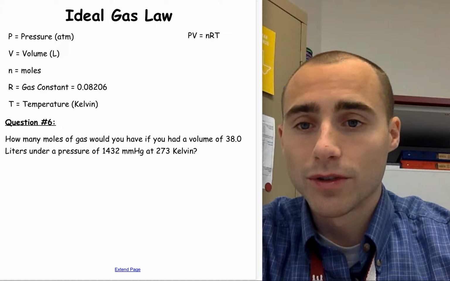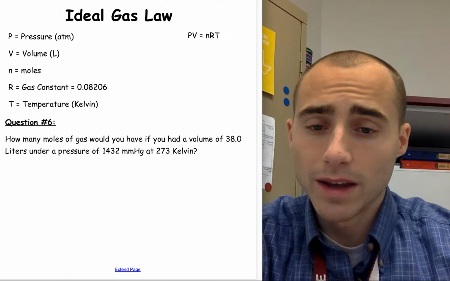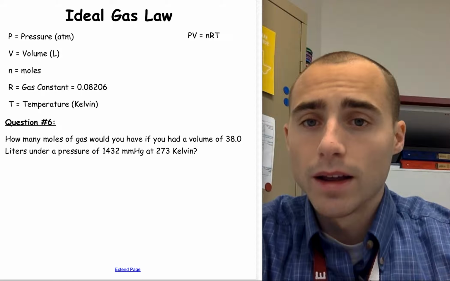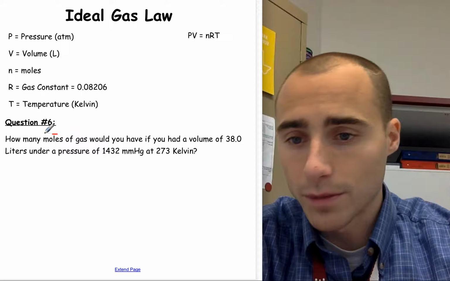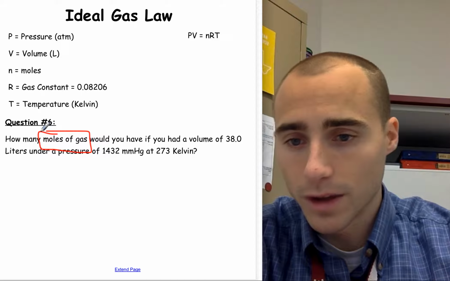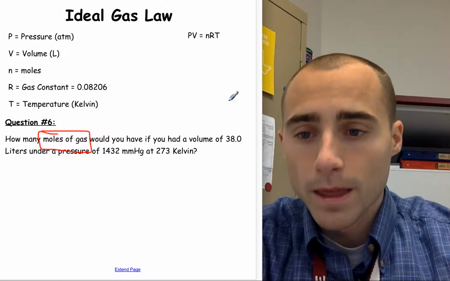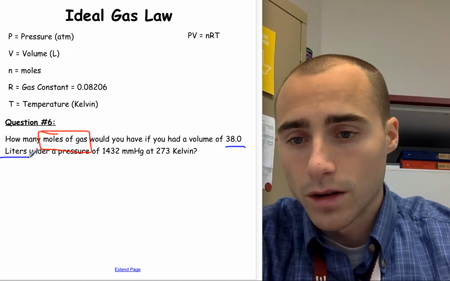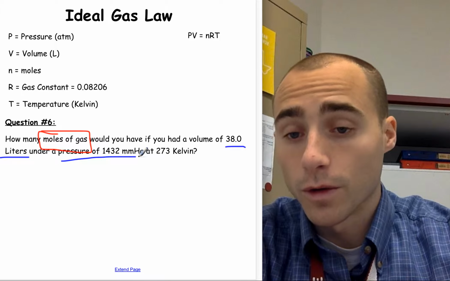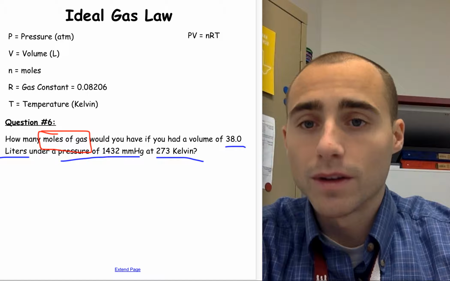One more practice question. Question number 6 right here. Same thing, another word problem. So let's identify what we're solving for. It says, how many moles of gas would you have? So moles of gas, that's what we're going to solve for in the end. No tricks this time. Would you have if you had a volume of 38.0 liters under a pressure of 1432 millimeters mercury at 273 Kelvin?